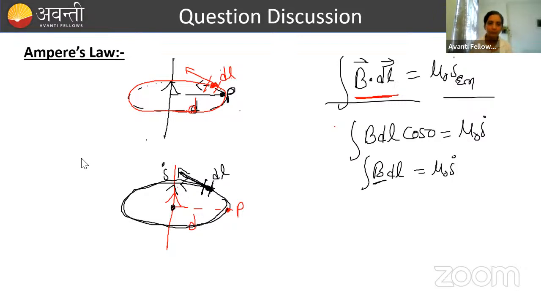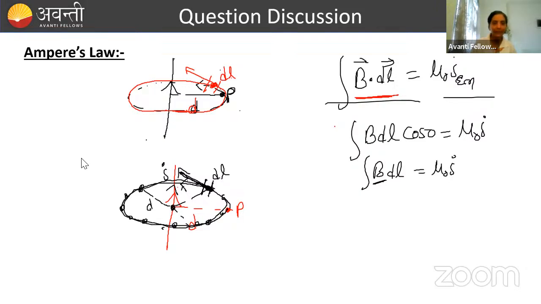Now, what is this B? Is this B a constant or what? Just see here, if you take any point on this loop, at what distance is that point from the wire? That is the distance d. So every point on the loop is equidistant from the wire. It means at each point the magnetic field will be the same, because they are at the same distance from the wire.